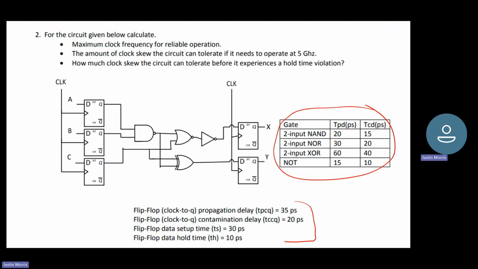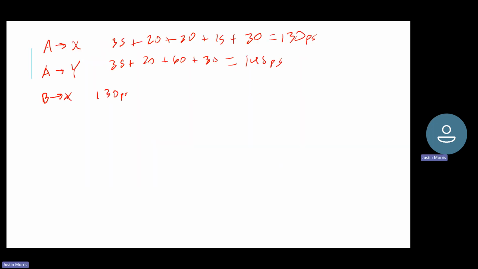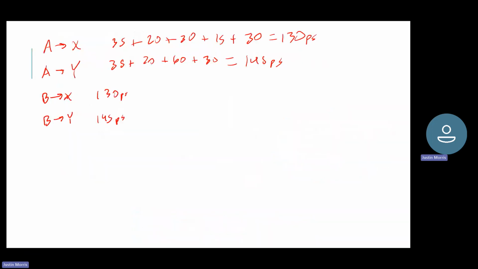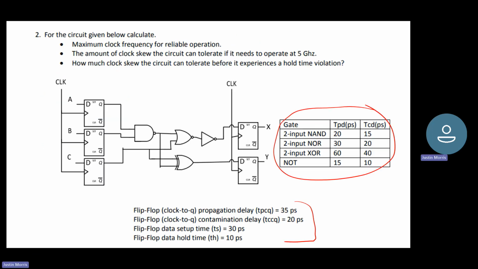B to Y, it's just the same as A to Y. And then C to X, this one is different.